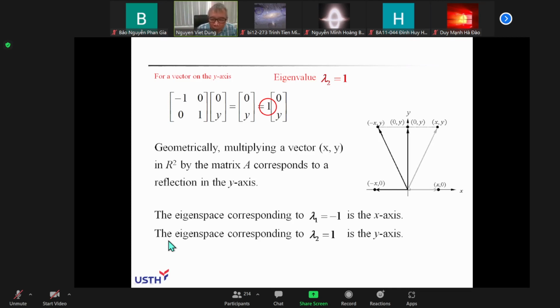However, the 0, I mean the origin here, is not an eigenvector because the 0 vector cannot be an eigenvector. That is the reason why we need to add 0 here to get the eigenspace. That is, the eigenspace corresponding to lambda 1 = -1 is that straight line, and the eigenspace corresponding to lambda 2 = 1 is the whole vertical axis here. That is an example to show you what the eigenspace is.